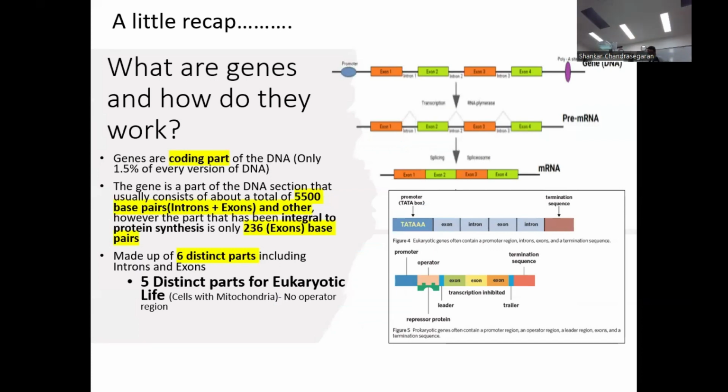What are genes, right? Remember, genes are the coding part of your DNA, meaning that they are the part of the DNA which actually codes for a protein. And only 1.5% of your DNA makes up the coding region, meaning only 1.5% of your DNA is actually responsible for making a protein.